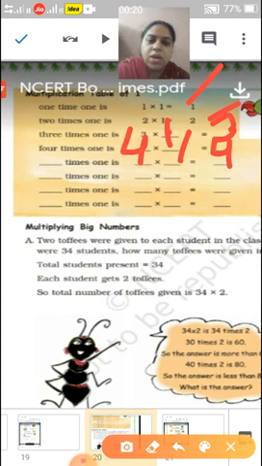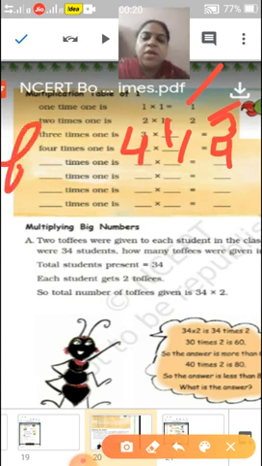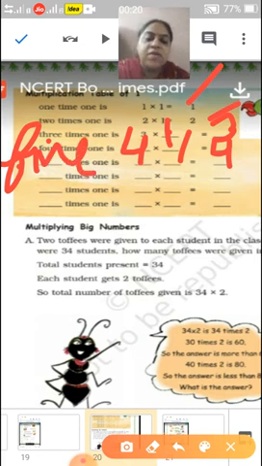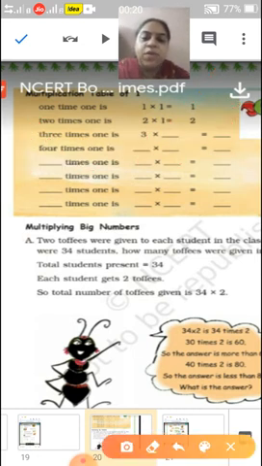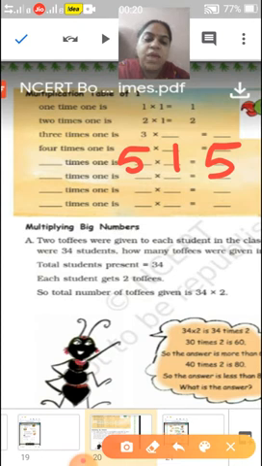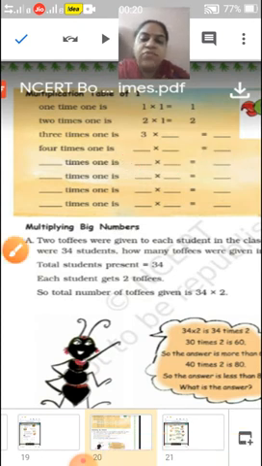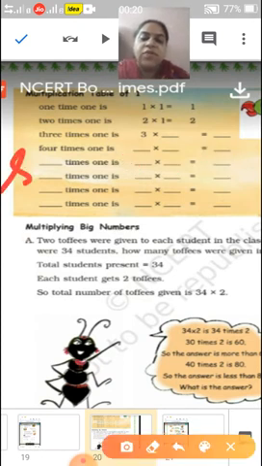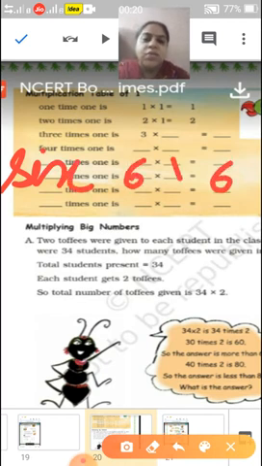Okay. Now next, what will come? You will write here 5 times 1, means 5 into 1 is equal to 5. Okay. Now come to next. 6 means 6 into 1 is equal to 6.